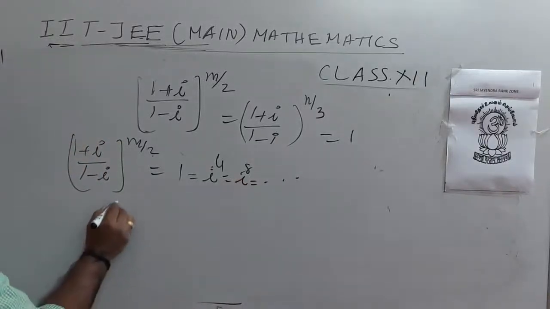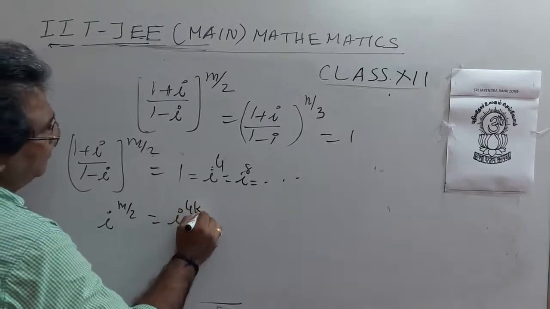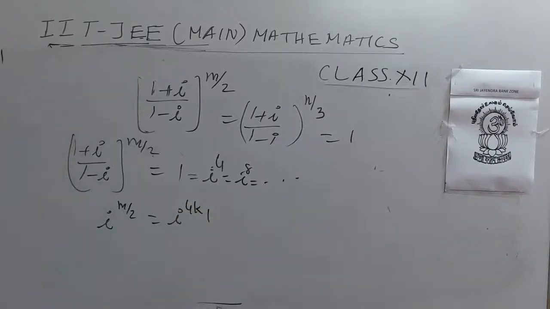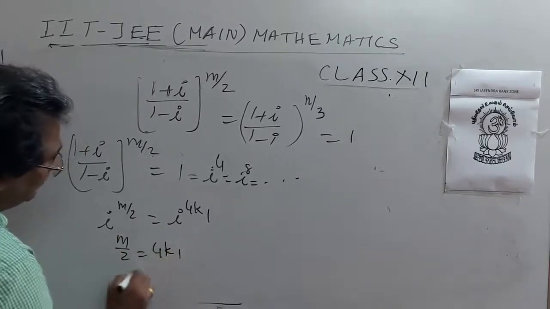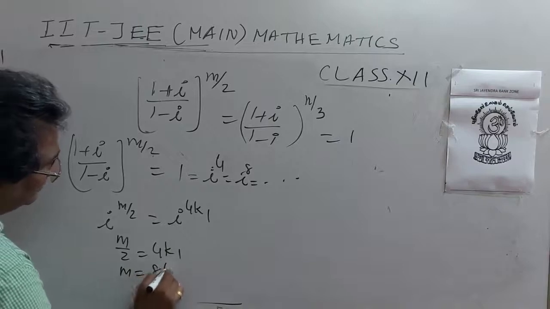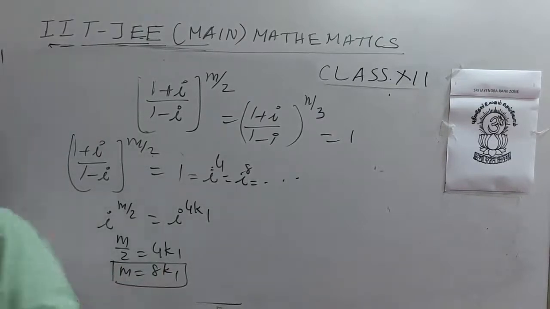This is i power m by 2 equal to i power 4k1, I take multiple of 4. So m by 2 equal to 4k1, m equal to 8k1.